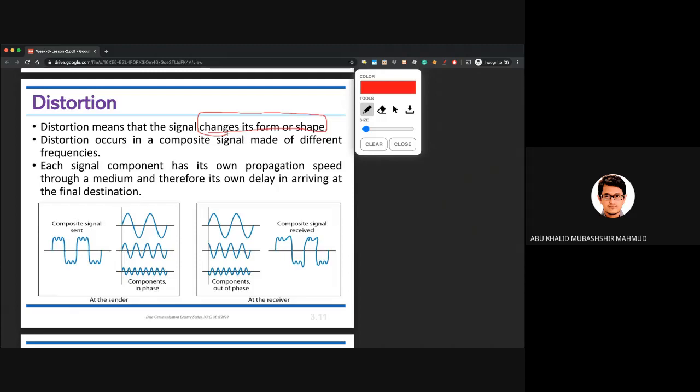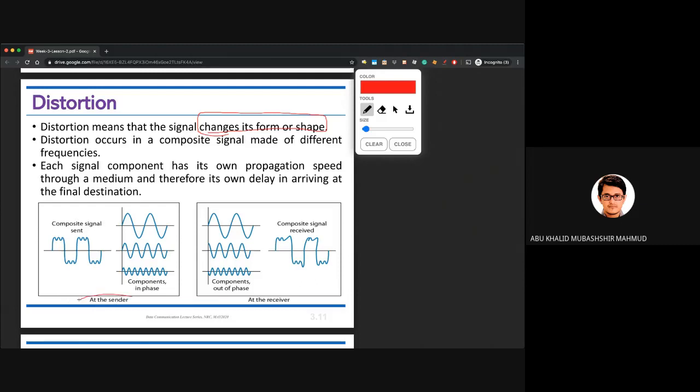So, due to the signal components' different frequencies, each propagates through the transmission medium in its own way, and for that reason there are delays in the transmission medium, and they arrive at different times at the final destination, which is the main cause for distortion.